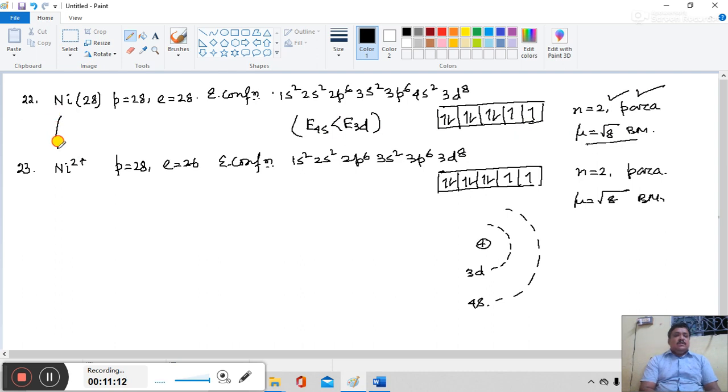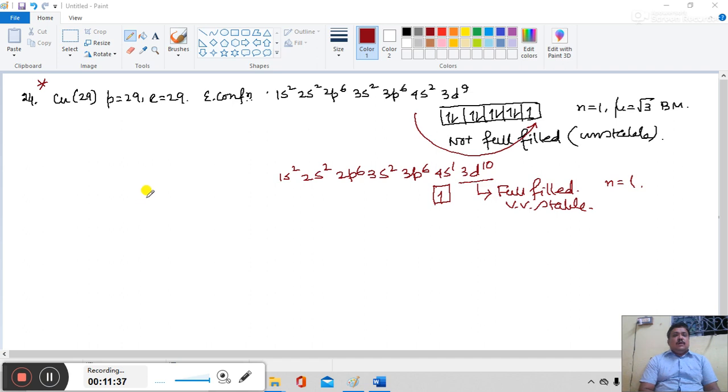Now by losing 2 electrons, nickel converts to Ni2+ cation, and these 2 electrons are removed from the outermost subshell, that means the 4s subshell. This 4s subshell releases 2 electrons to form Ni2+ cation having electron configuration 1s2 2s2 2p6 3s2 3p6 3d8.